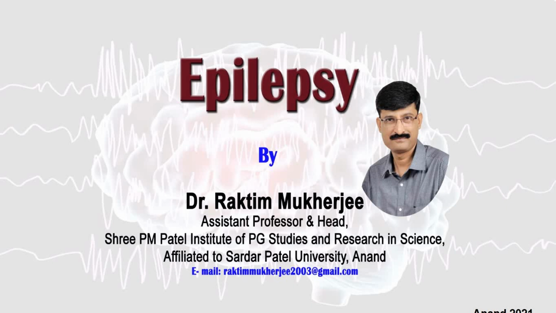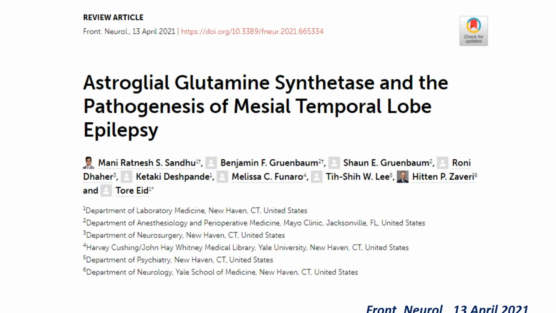In this second video of the series, the title of my talk, though it's epilepsy, I shall focus on astrogliosis. Before I come to astrogliosis and explain a phenomenon where a lot of research papers have been introduced, to have a basic understanding of it, I will focus on a research paper from Frontiers in Neurology.